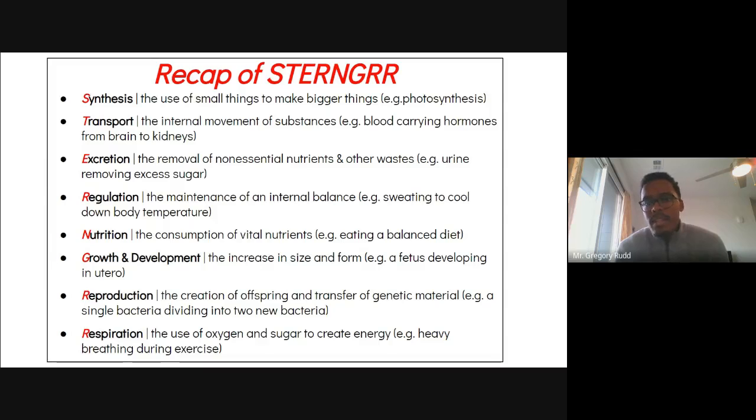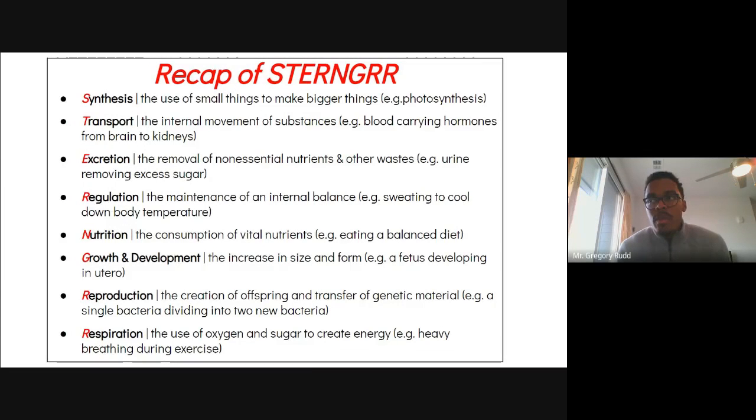When I'm thinking about synthesis, maybe I'm also thinking about enzymes. Enzymes help to build up. They take two substrates and combine them into one singular product. Or I could think about the example on the screen, photosynthesis, when I'm taking carbon dioxide and water and sunlight to create glucose.